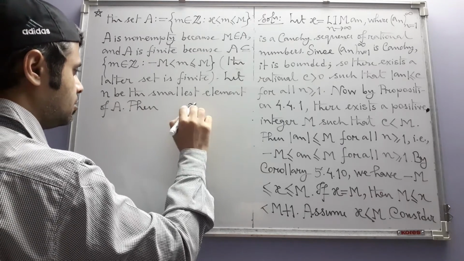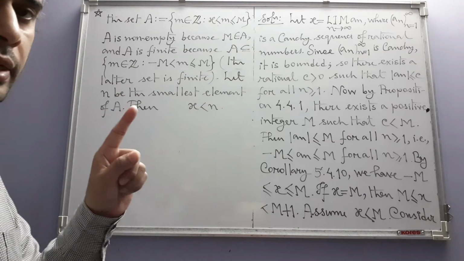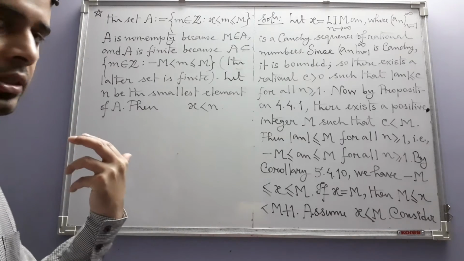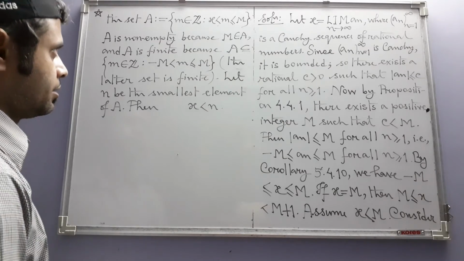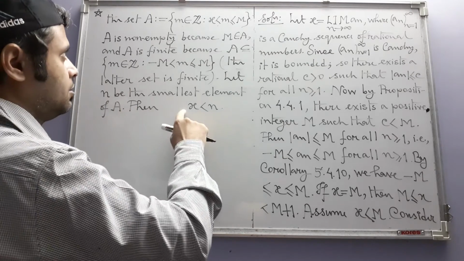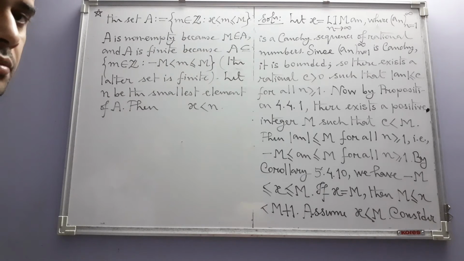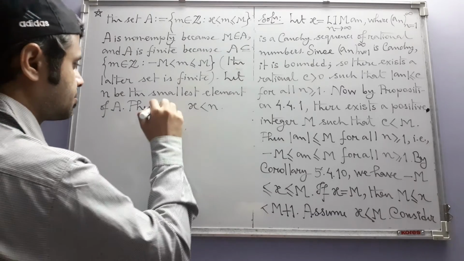Let me write like this. And because N is the smallest element of A, the smaller integer N minus 1 will not be in A, and that's why N minus 1 will not be greater than x. It has to be less than or equal to x.